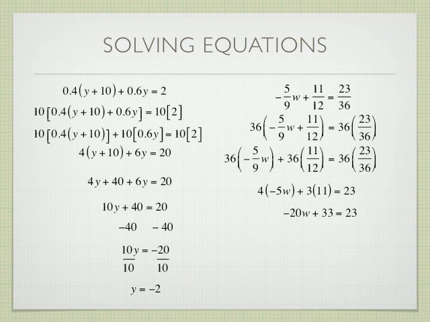So that gives me minus 20w plus 33 equals 23. Subtract 33 from both sides. I get minus 20w equals minus 10. Okay, divide by negative 20, and I get w equals 1/2.